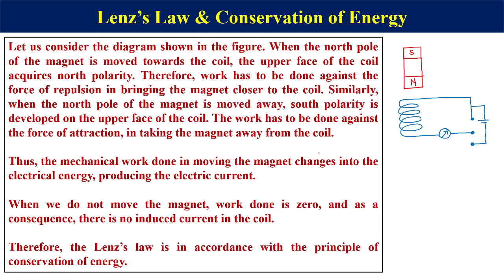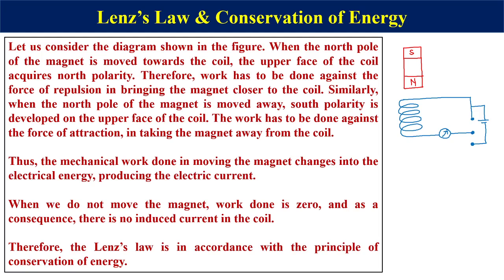Now let's consider one more example, and by this example we shall try to understand how exactly Lenz's law is associated with the conservation of energy, or whether Lenz's law has any relation to conservation of energy. Similarly, let us consider a coil and a bar magnet with north and south facing the coil as shown in this figure.